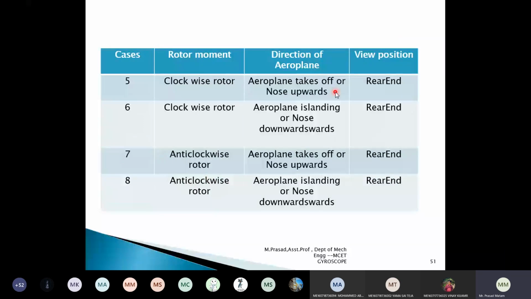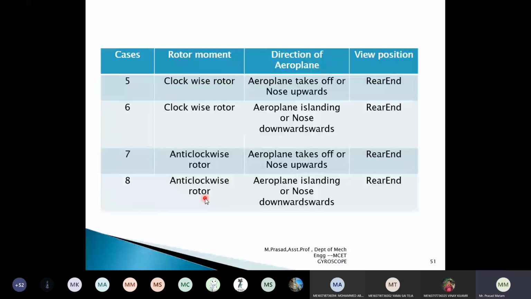In that case, what is the gyroscopic effect? Case 6, clockwise rotor, aeroplane is landing. What is the gyroscopic effect? Case 7, anti-clockwise rotor, aeroplane takes off. What is the gyroscopic effect? Next, anti-clockwise rotor, aeroplane is landing. What is the gyroscopic effect? These are 8 cases.